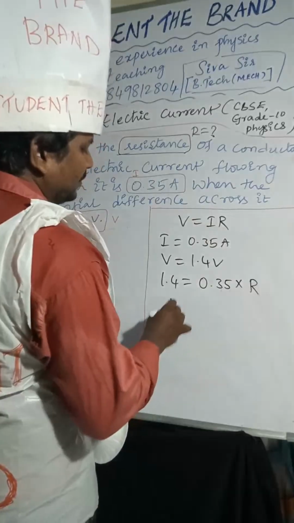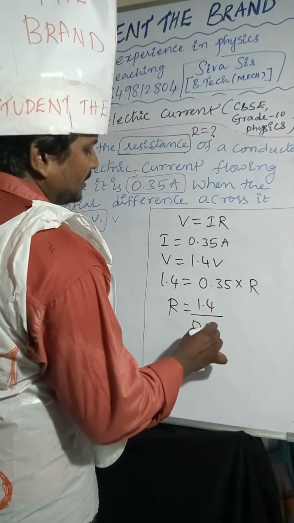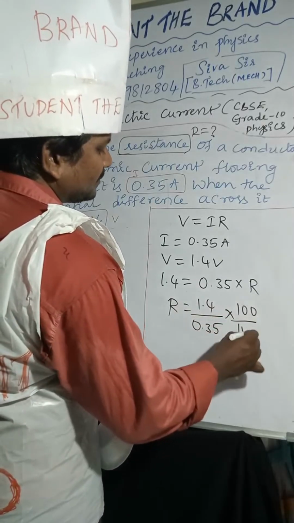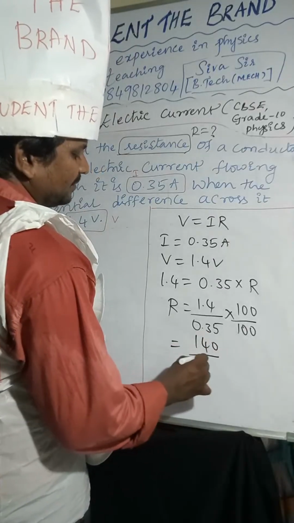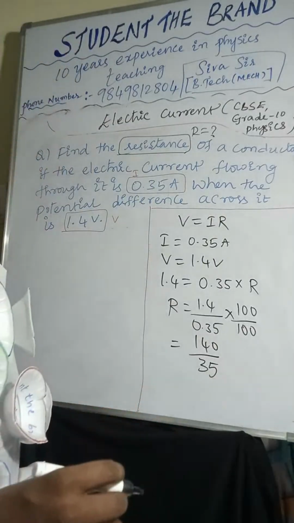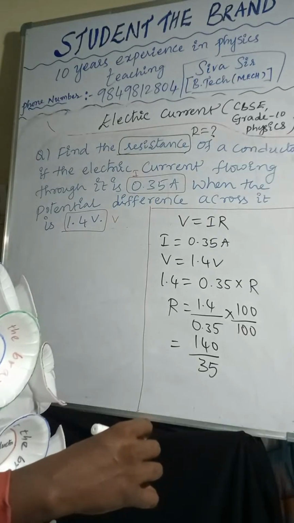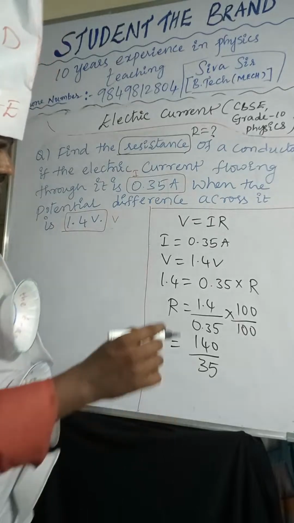So R equal to 1.4 by 0.35 into 100 by 100. Then you'll get 140 by 35. How much is the answer? 4.